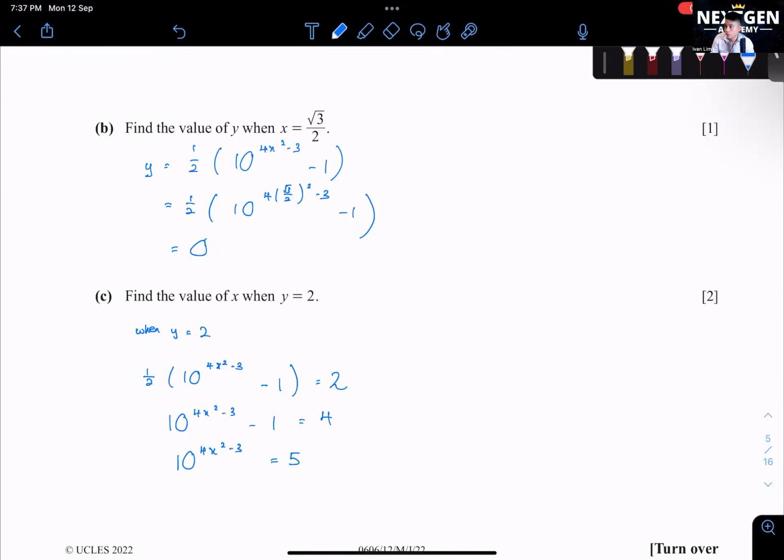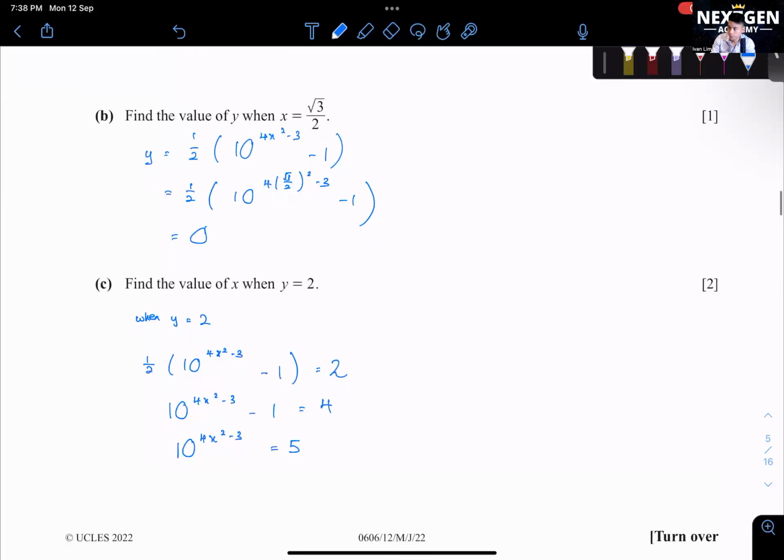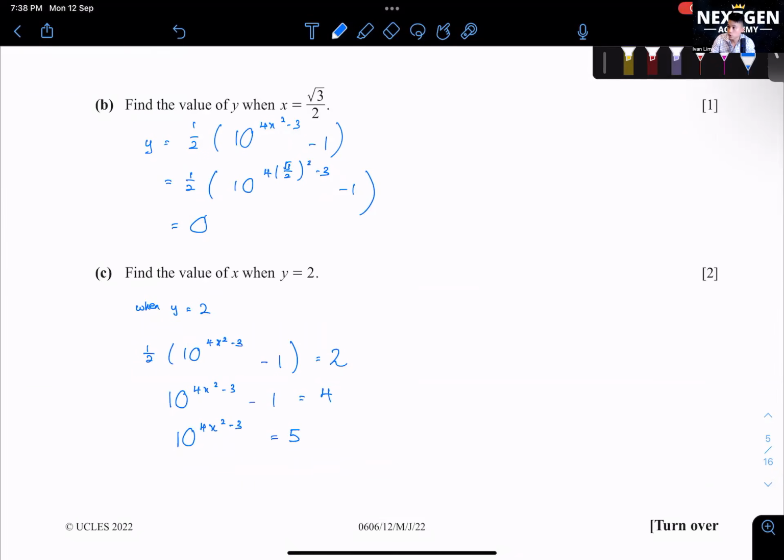Over here, you can put log or ln, or you can just change it to log form. This is index form to log form. You will get 4x squared minus 3 equals log 5.